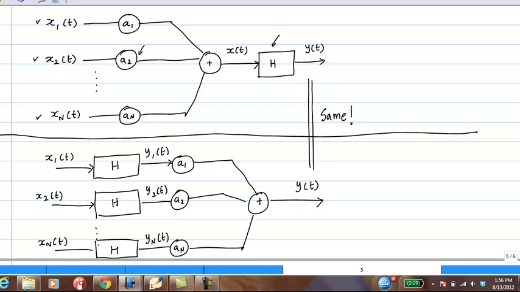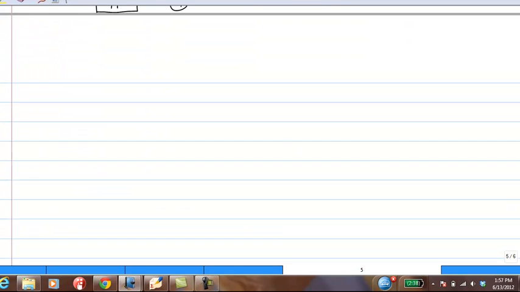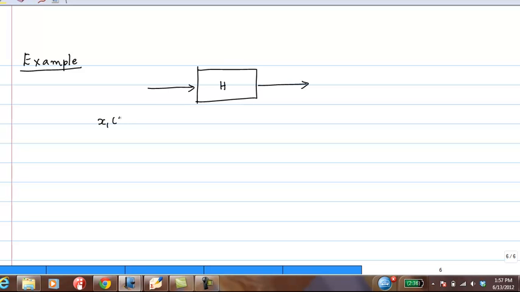Now let's work out an example. So here's a nice example. Suppose I have a system H. And I know the following things about this system. I know that when the input is e to the j 2 pi t, the corresponding output is e to the j 3 pi t.